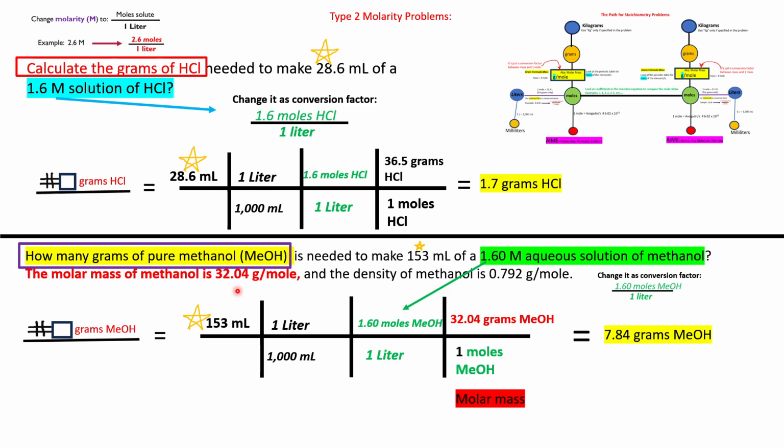Okay? So here's the first question. Calculate the grams of hydrochloride needed to make 28.6 milliliters of a 1.6 molar solution of hydrochloride. Okay, so one of the first things that you should do is convert the 1.6 molar, or whatever amount of concentration that they give you, into a conversion factor, okay?